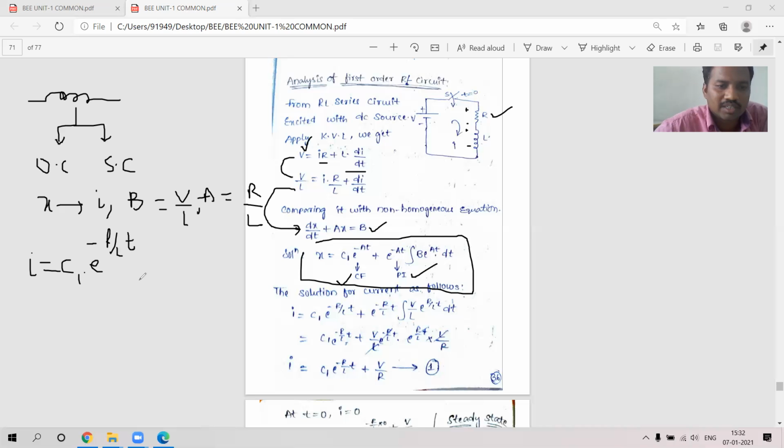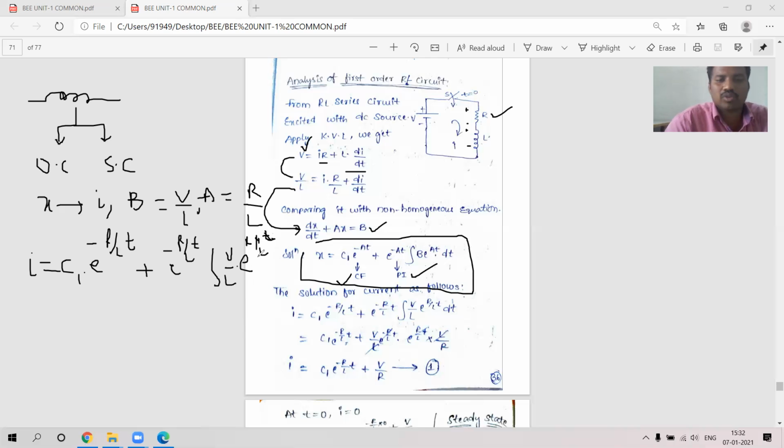Plus e power minus R by L into t, times the integral of V by L e power R by L into t.